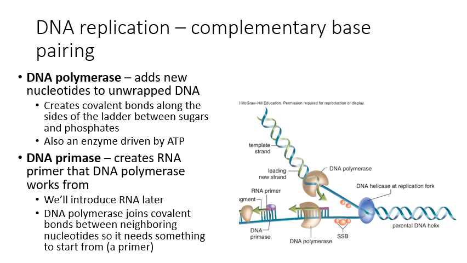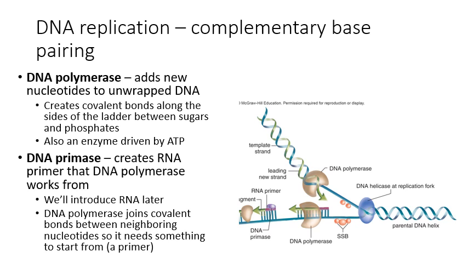So after we unzip our DNA and add these single-stranded binding proteins, we're going to have another enzyme called DNA polymerase come in, facilitating this complementary base pairing. We have these individual strands that we've broken apart that each have nucleotides sticking out, and now we want to add the appropriate nucleotides to make another double-stranded copy of the DNA.